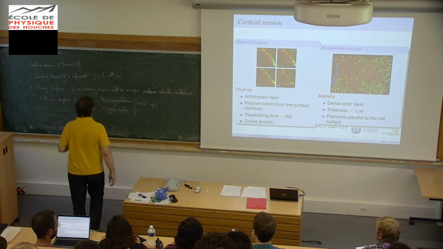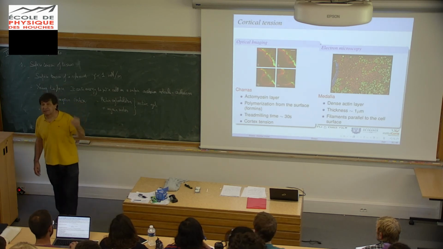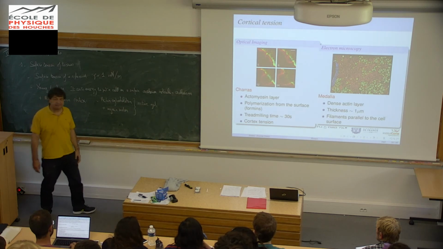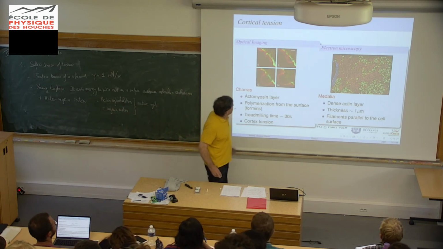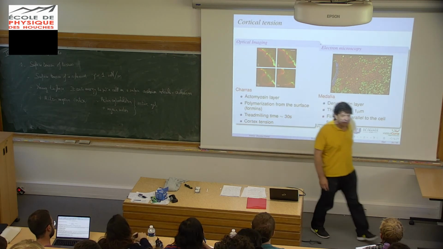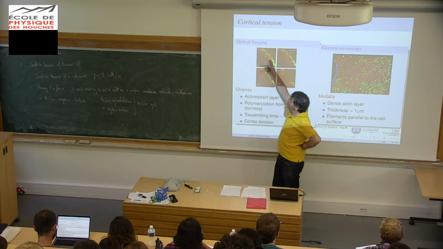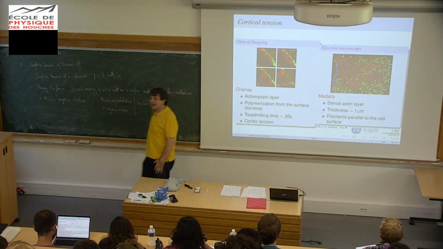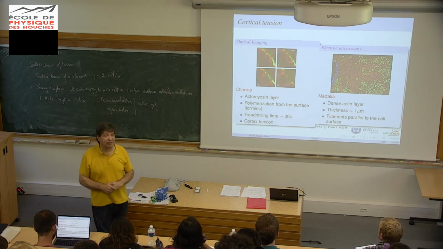Now, in cells, you find actin inside what's called the cytoplasm, which is the inside of the cell. But you also find actin close to the membrane. So this is what I want to show you here. These are optical microscopy images of the edge of a cell. What's red here is the membrane, and what's green is not actin, but myosin, because for them it was easier to label myosin.